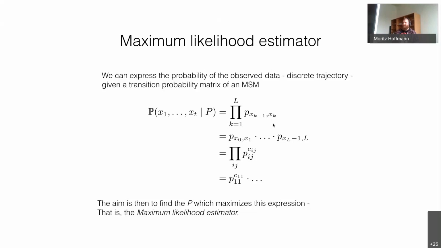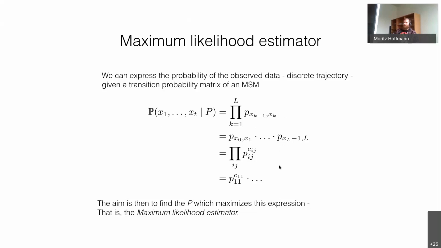So given we have a probability matrix P and we see a state change x1, then we write here a P11. And then we multiply this up. And this expression is actually maximal if our model perfectly fits the data.